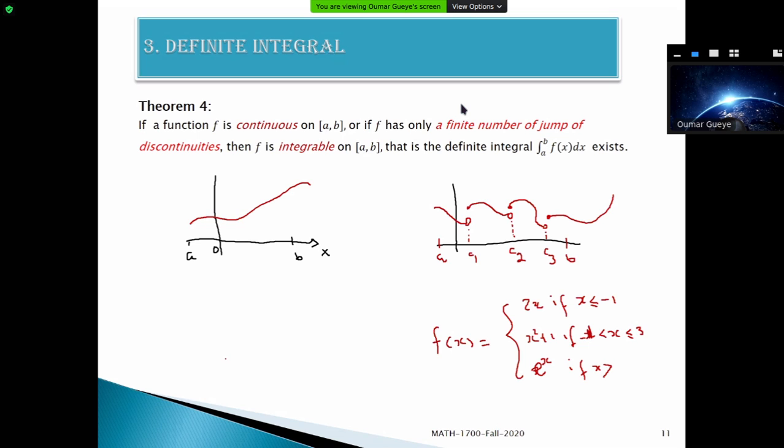This is a piecewise function, and we have three pieces, and the breakpoints are -1 and 3.